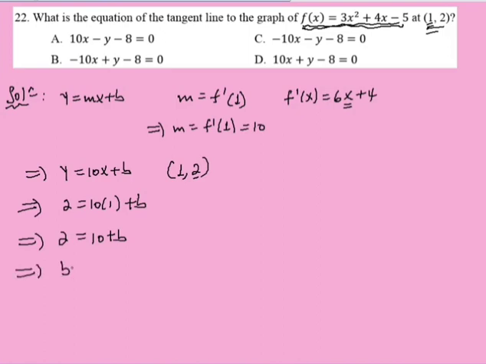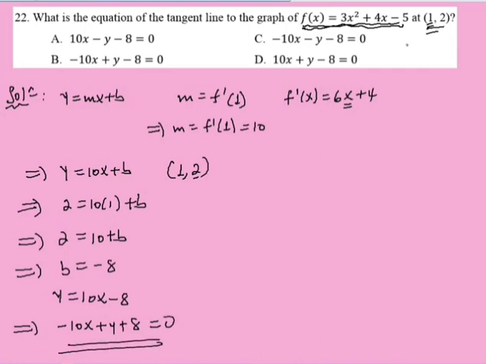Therefore, the b value becomes minus 8. Here, the line is y equals 10x minus 8. Or we can take everything to one side. So this becomes minus 10x plus y plus 8 equals 0. This is the equation of a line tangent to this function at this point.